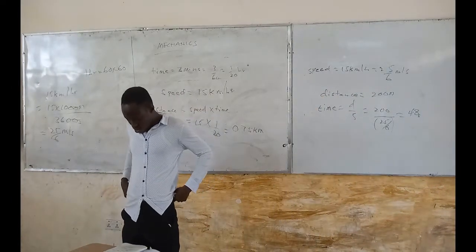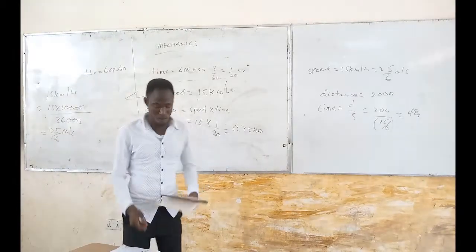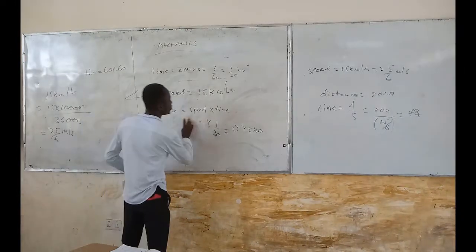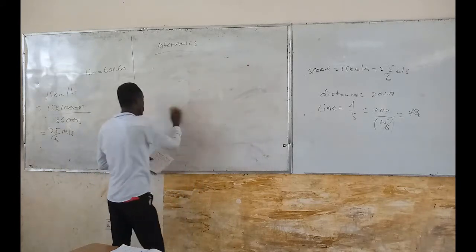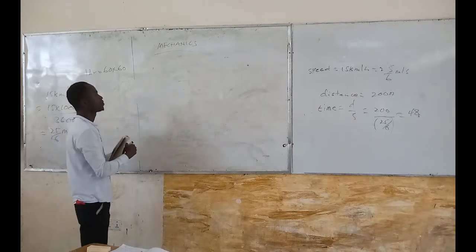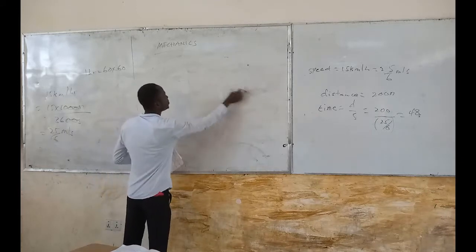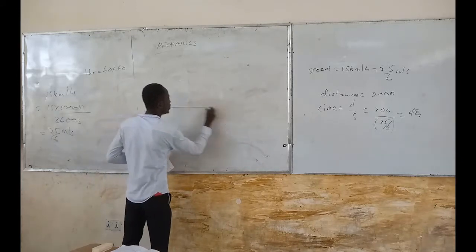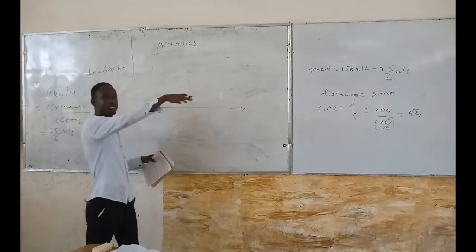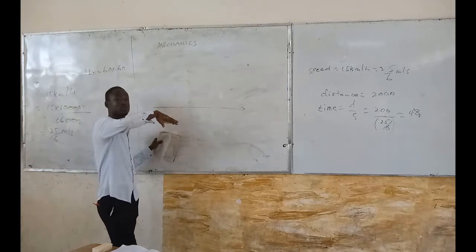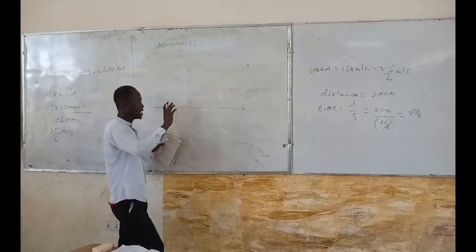And then I want to draw a straight line for you to see. When you have a straight line like this, we regard this direction, to the right, as the positive direction. Those of you who did science know velocity to the right is positive.